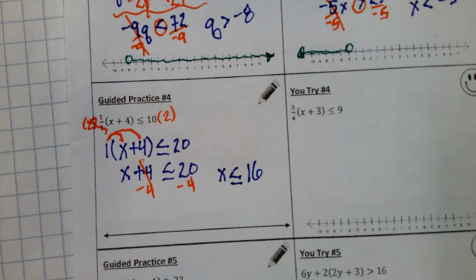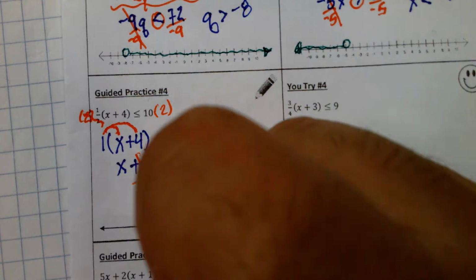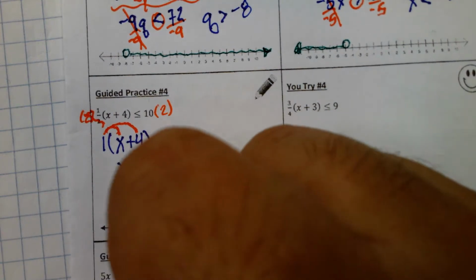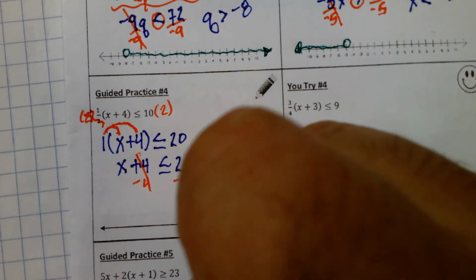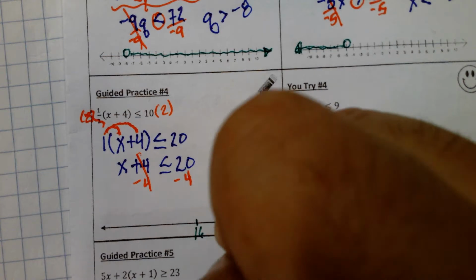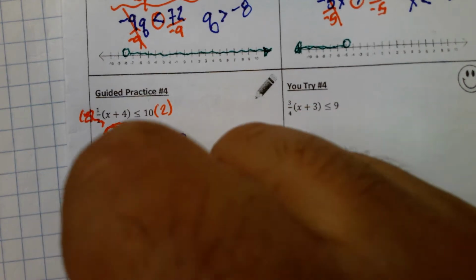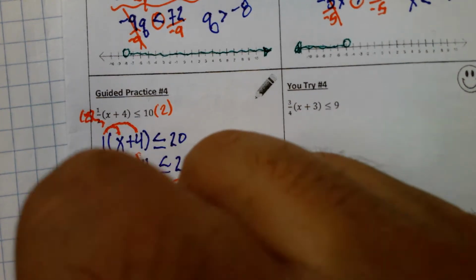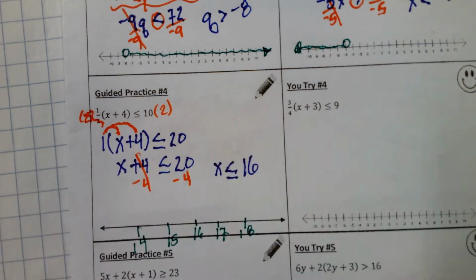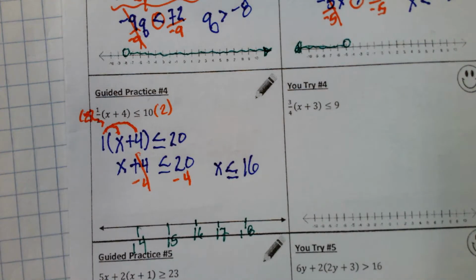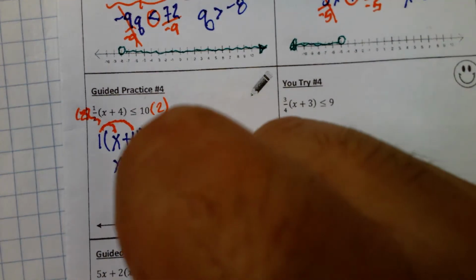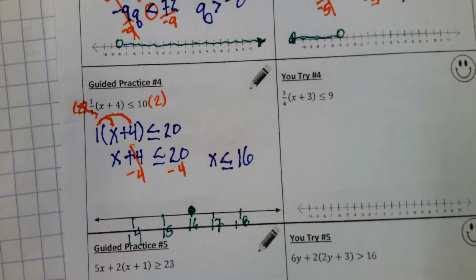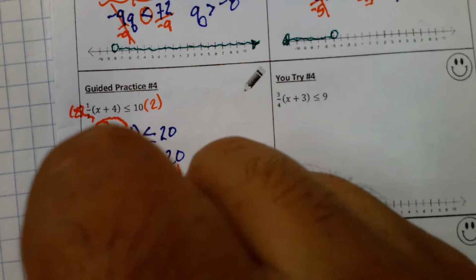So we want all numbers 16 and smaller. So there's our number line. We want a closed point at 16, and then everything less than that.